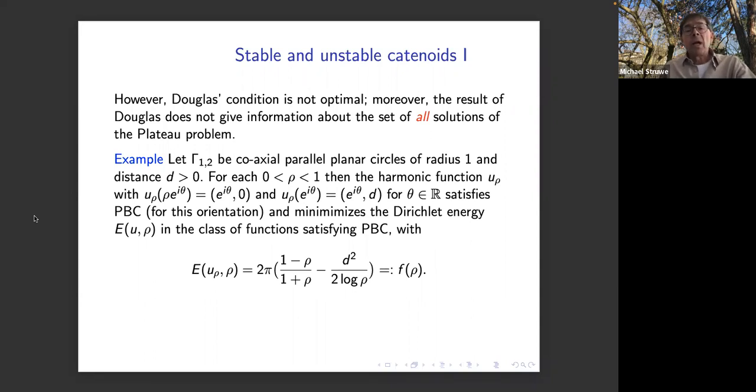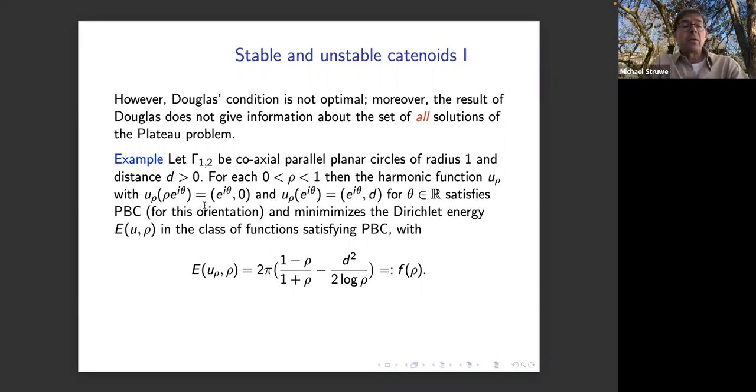It's plausible that for each rho, the minimizer of the Dirichlet energy is given by the harmonic function u rho, whose restriction to the boundary curve is simply given as follows. I hope you can see the cursor on the screen.